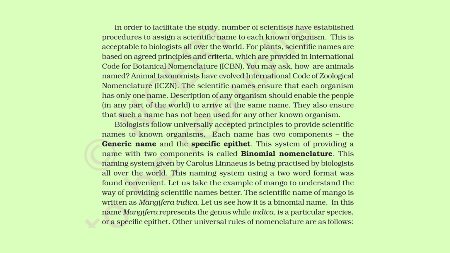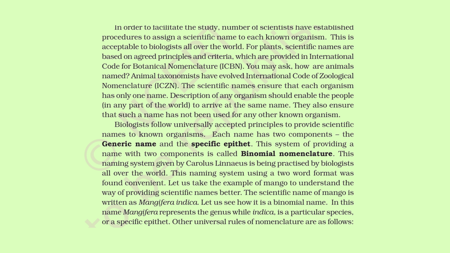For plants, scientific names are based on agreed principles and criteria which are provided in the International Code for Botanical Nomenclature (ICBN). You may ask, how are animals named? Animal taxonomists have evolved the International Code of Zoological Nomenclature (ICZN).